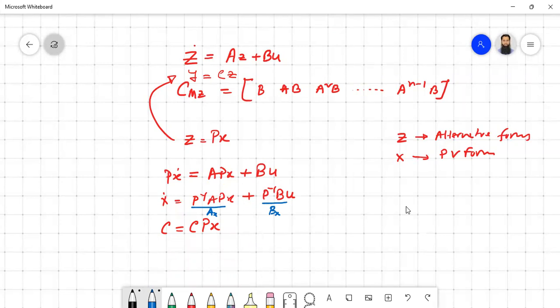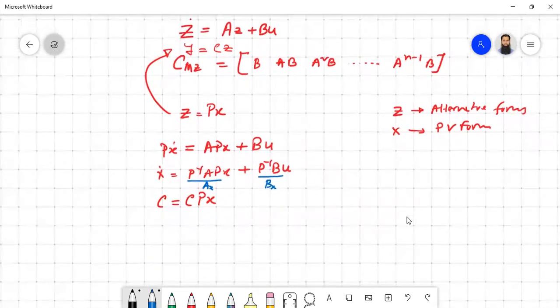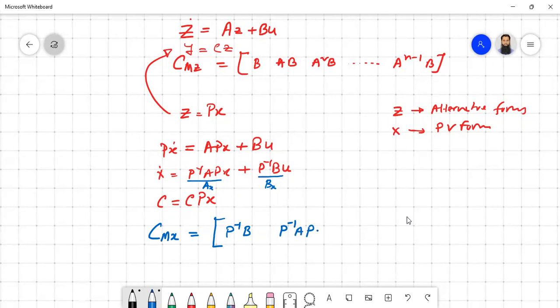Since we only need those two, we can find the controllability matrix CMX for phase variable as modified B, which is P inverse B, then P inverse A P into P inverse B, then P inverse A P whole square, then P inverse B, and so on up to P inverse A P to the power n minus 1, P inverse B.